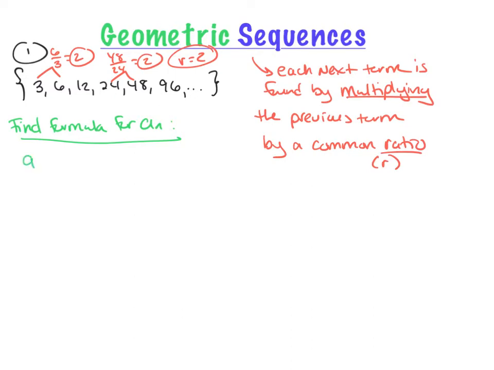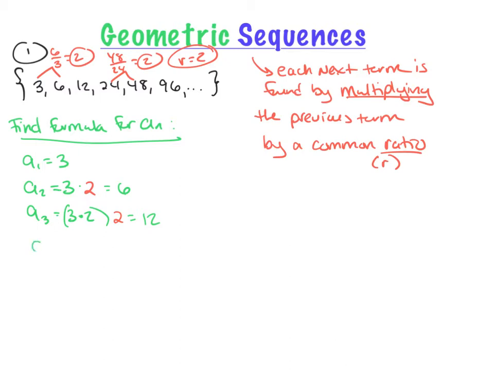So let's see, our first term is 3, and our second term is 3 times our common ratio, 2, to get 6. Our third term is 3 times 2, and then that needs to be multiplied, so that's the 6, by the common ratio. 6 times 2 is 12.